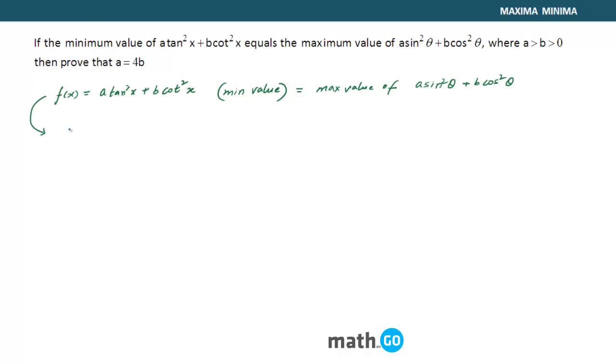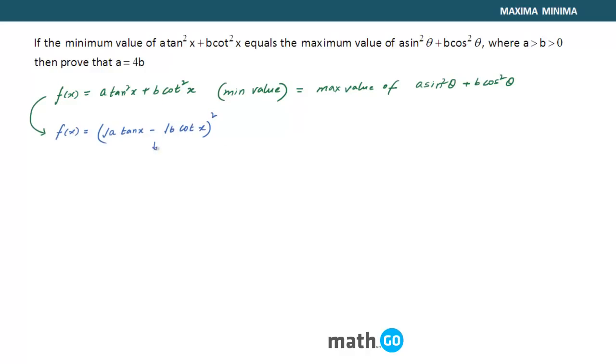So can I form a complete square over here? Let's see, if I say root a tan x minus root b cot x whole square. So what would this value be? This will be a tan square x plus b cot square x, this is what you have, and it will have an extra term.